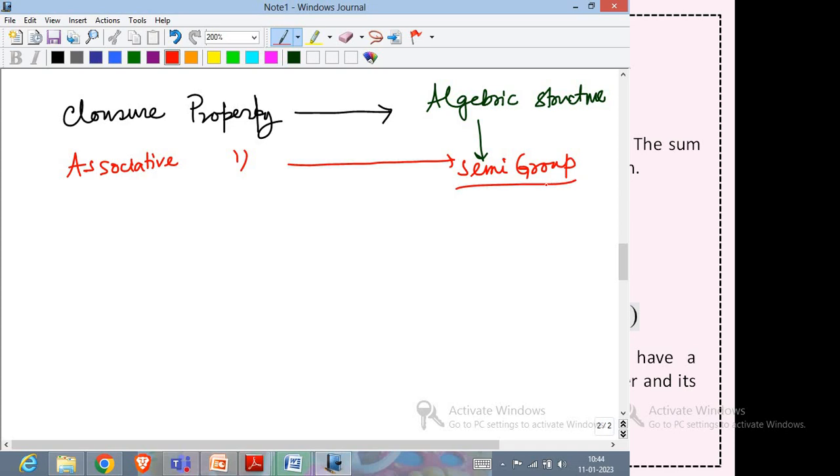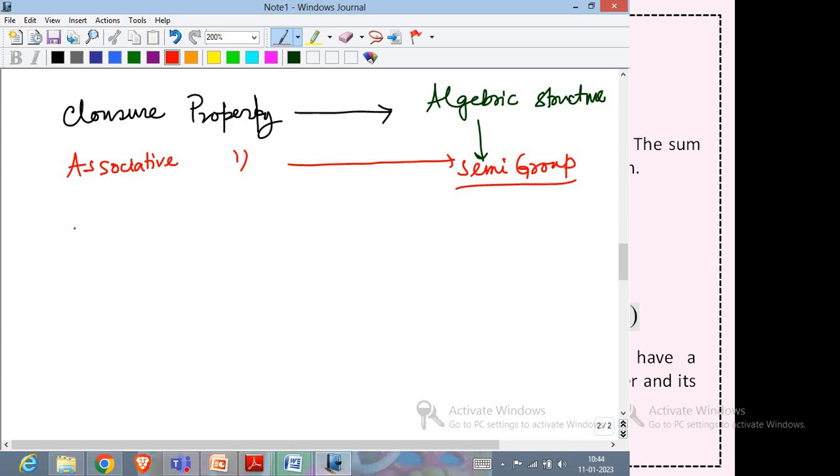The 5 properties that you are looking at are the properties of a group. If all those 5 are maintained, we will call them a group. Now, if the associative property and the algebraic structure are maintained, we will call that a semi-group.